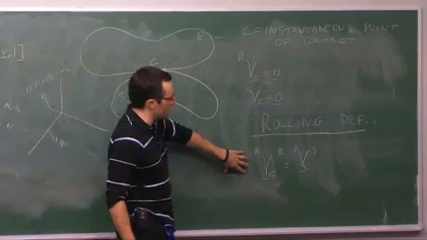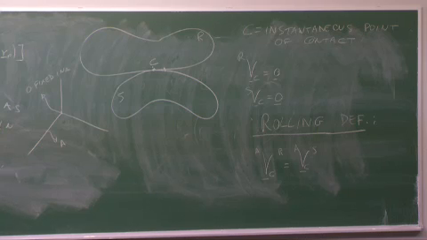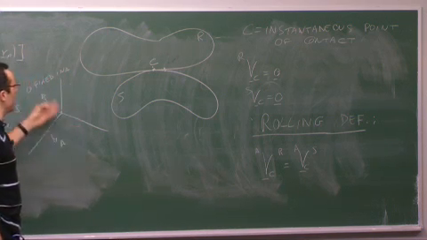It doesn't matter from which reference frame you're looking at. Point C, the two points that correspond to the contact at that particular instant in time, have the same velocity as seen by any other reference frame.